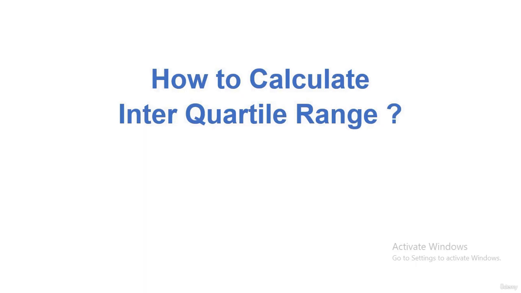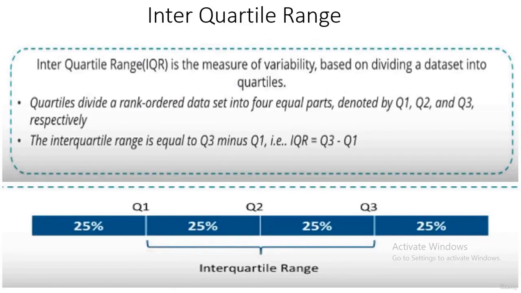So how to calculate the interquartile range? Okay, the interquartile range is the measure of variability based on dividing a data set into quartiles. Quartiles divide a rank-ordered data set into 4 equal parts, which you have seen earlier, and here also you can see 4 equal parts, denoted by Q1, Q2, Q3.